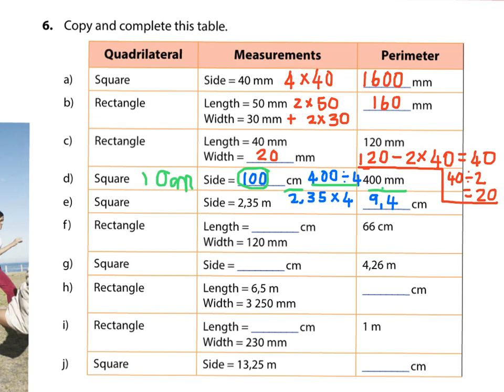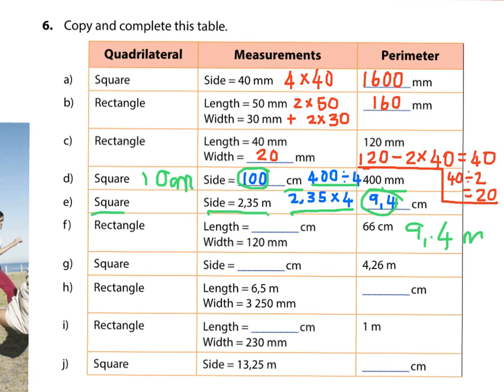And then over here we have a square again with the side of 2.3 meters. If we take each side, and so we multiply those by 4 because there are 4 sides, we get 9,2, but this 9,2 is in meters again. So to get from 9,2 meters to centimeters, we want to multiply that by 100.